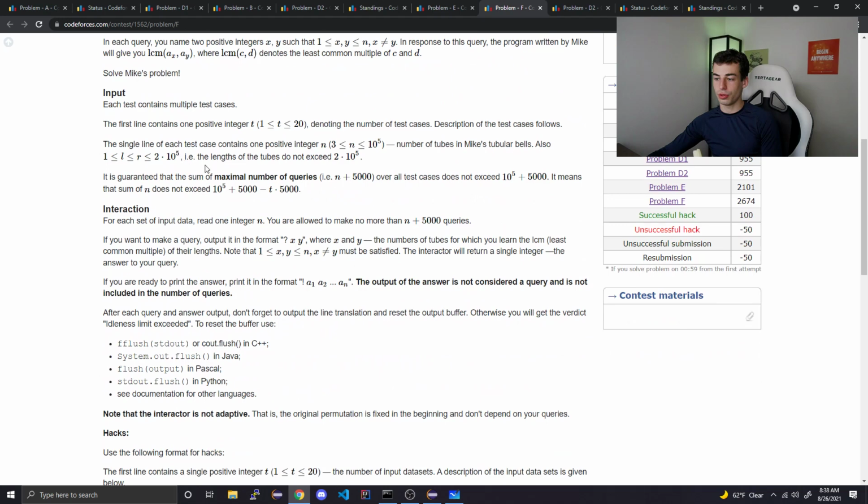These are up to 10 to the 5th, okay. So the LCM is at most 10 to the 5th. I wonder what percent of numbers are coprime.